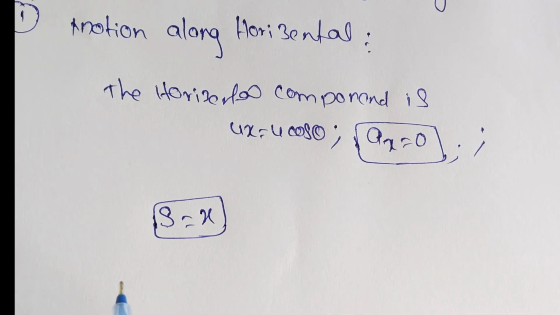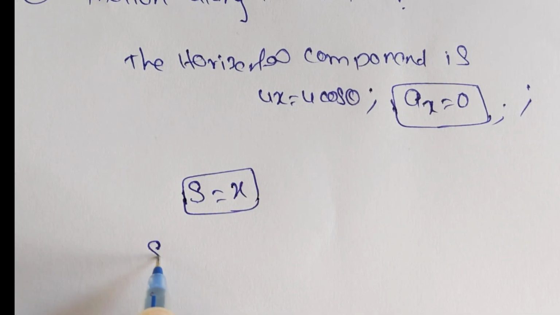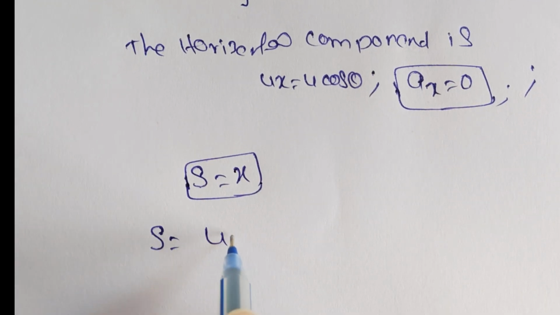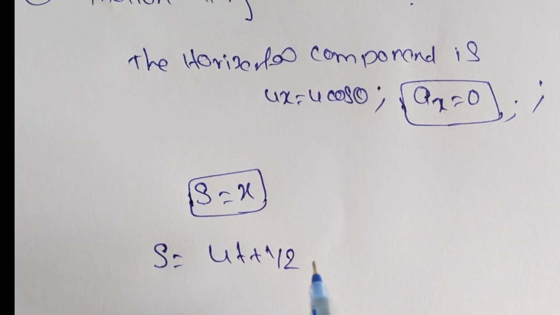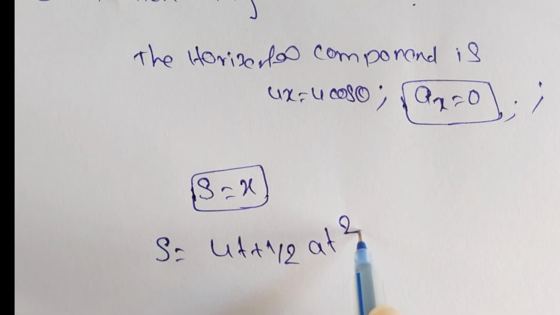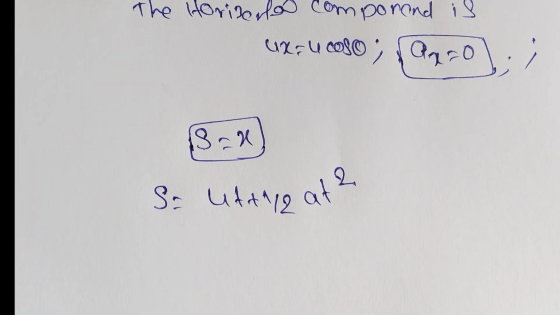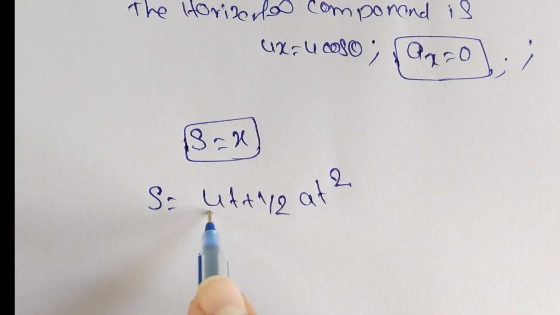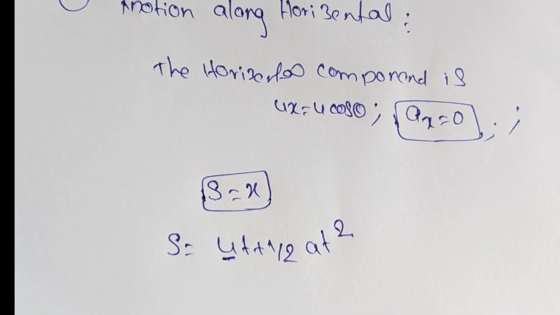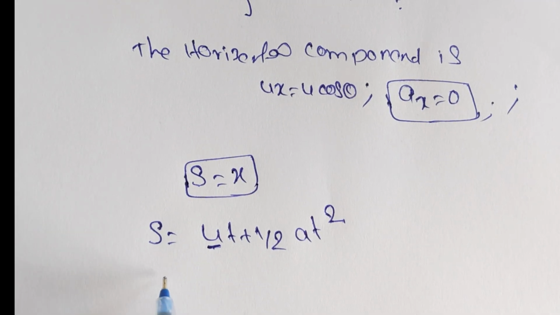Now what is the formula for this? s equal to ut plus half at square. We already know the value of u here: ux equal to u cos theta.